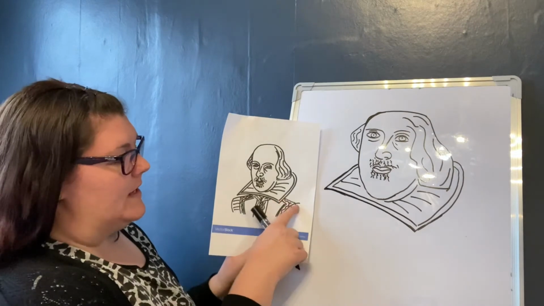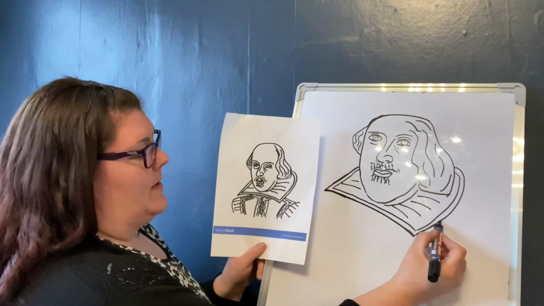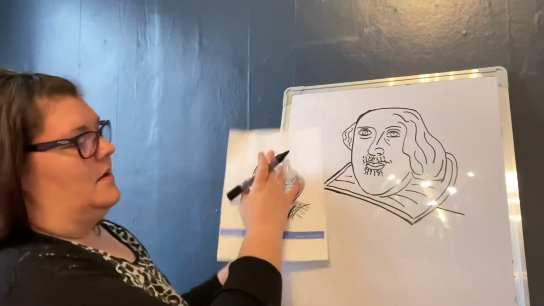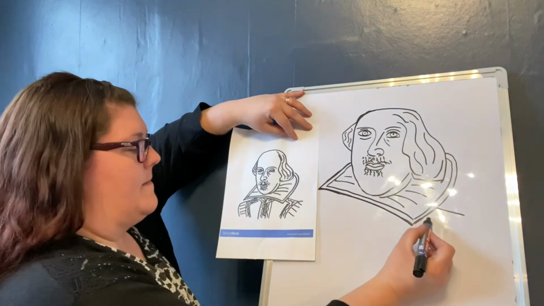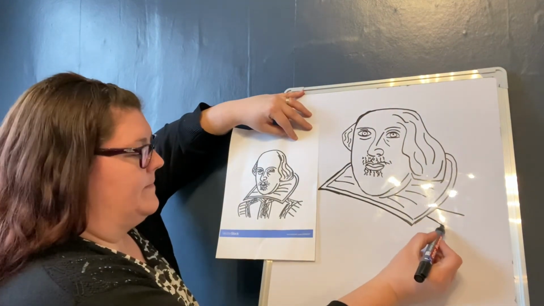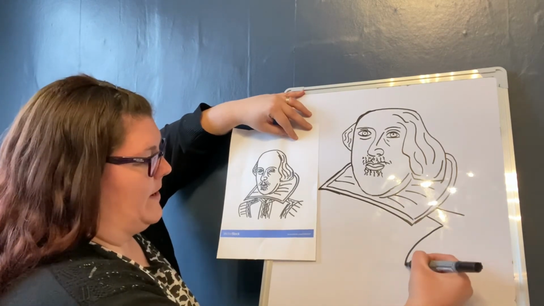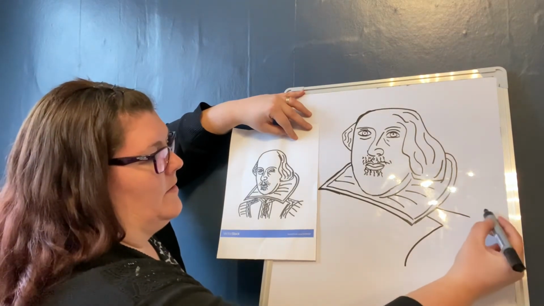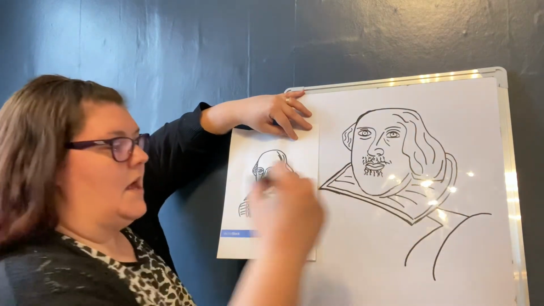And up here, it's a straight line that comes out. So we're going to go out. And then we're going to come down a little bit. And we're going to go out again, and this time we're going to curve it round as we come down, and then here we're going to do a bigger curved line because his shoulders are round.